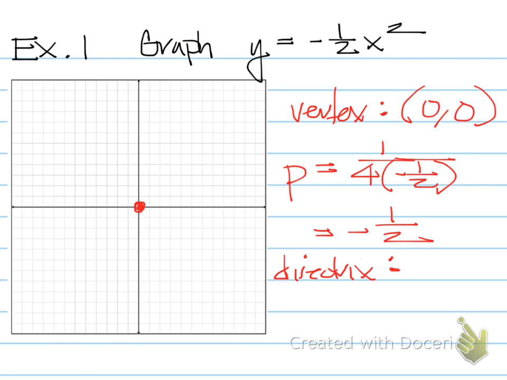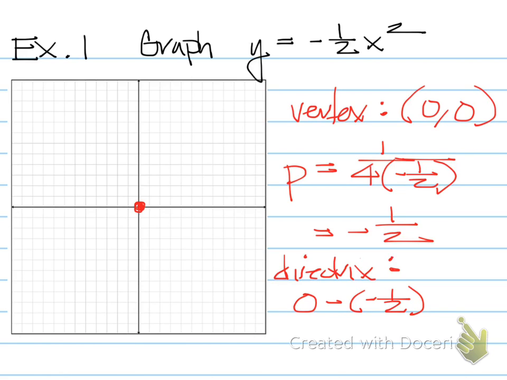And the directrix again is going to be perpendicular to the axis of symmetry. It is going to be p units away from the vertex.